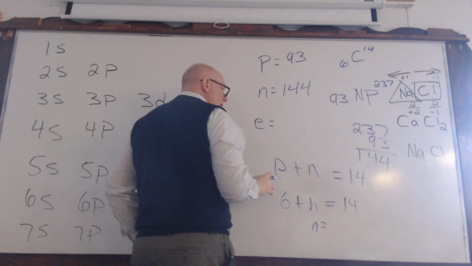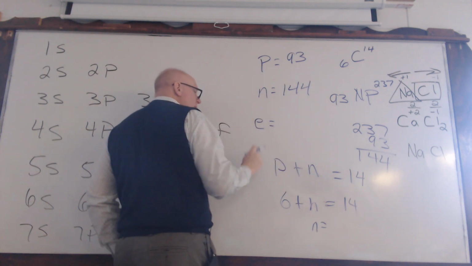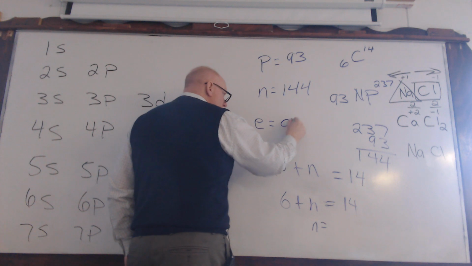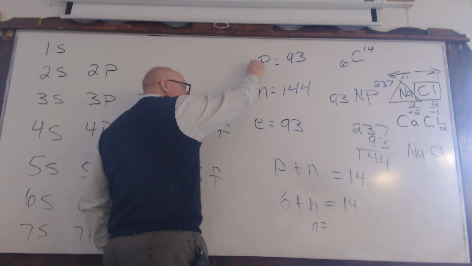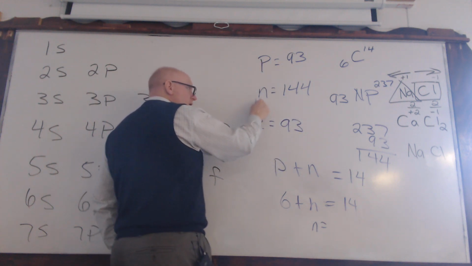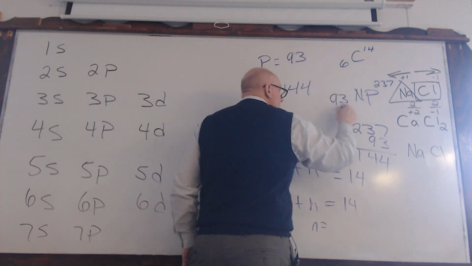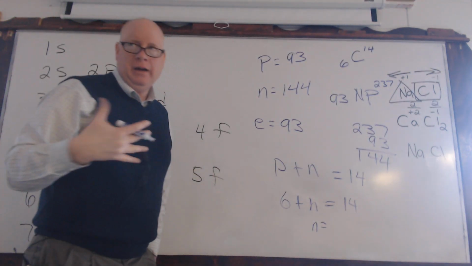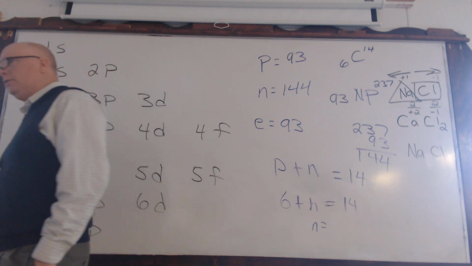So then, if this is neutral, how many electrons would it have? 93. Because remember, these are positively charged, these are negatively charged. This just comes from subtracting these. That is true for every element on that periodic table.